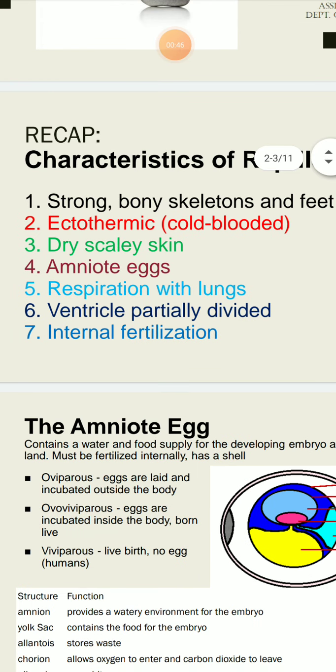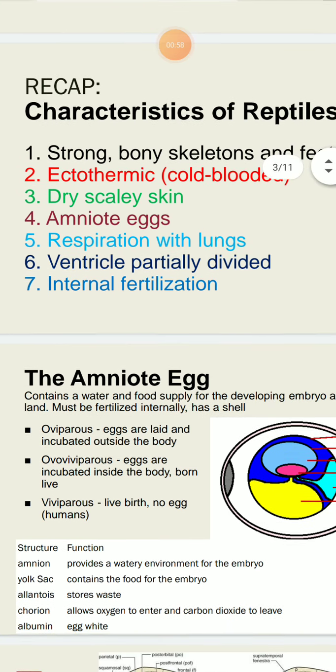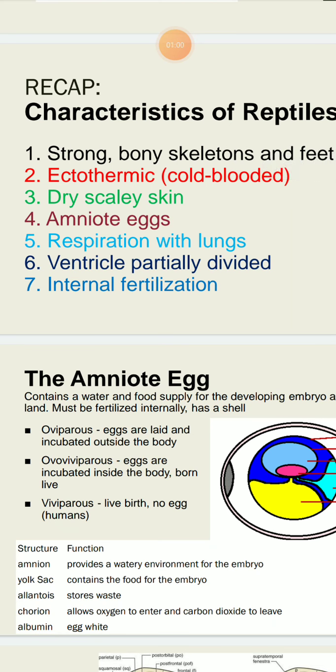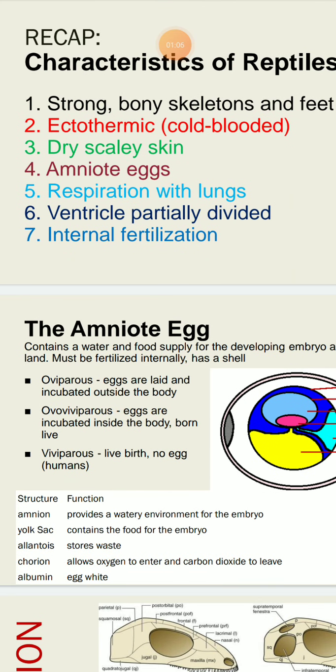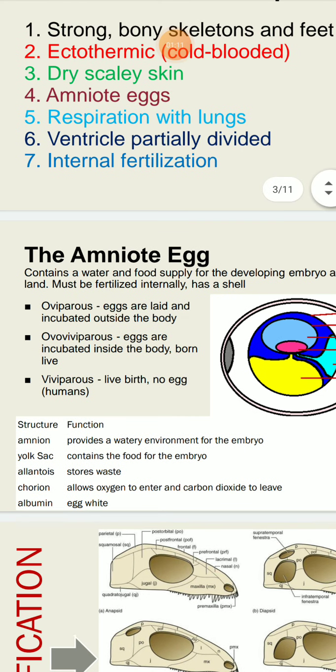They lay amniote eggs, and they respire by lungs. The ventricle is partially divided, and completely divided in crocodiles. Internal fertilization is what is followed for a successful continuation of their generations.